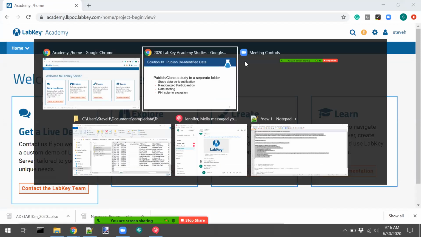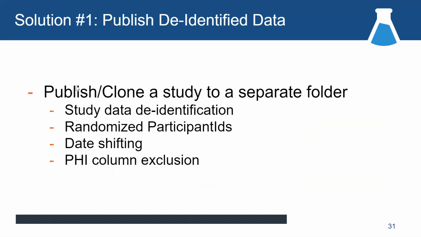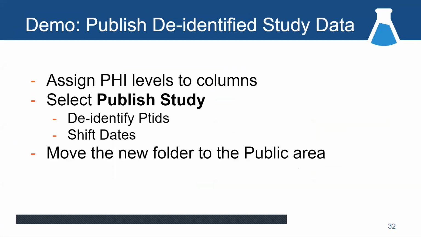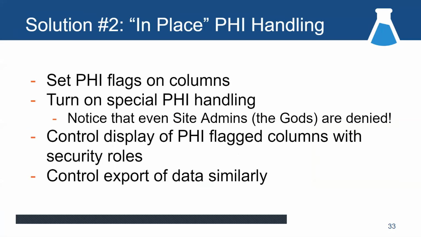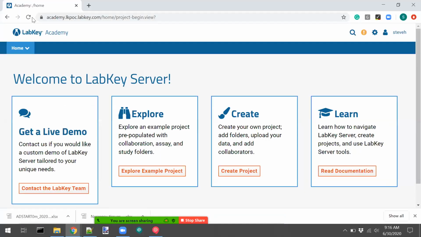There is another method to do it. That is sort of the clone a study way to do it. There is also a way to do this by actually working in place to exclude PHI data.